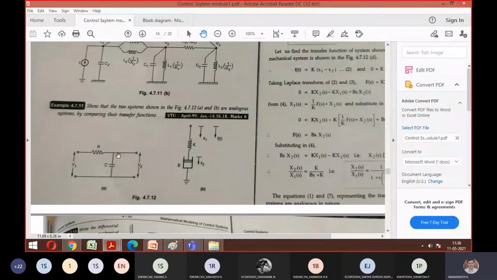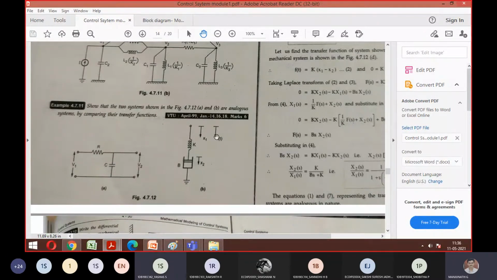Then look at this physical system. How many displacements do you have in this physical system diagram? Two. So x1 and x2. Let's see only for x1, what things will come. Only for x1, there is a force.